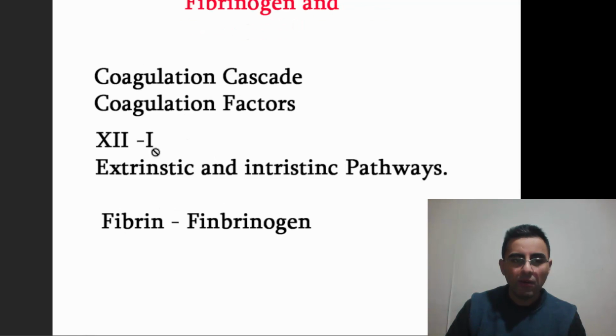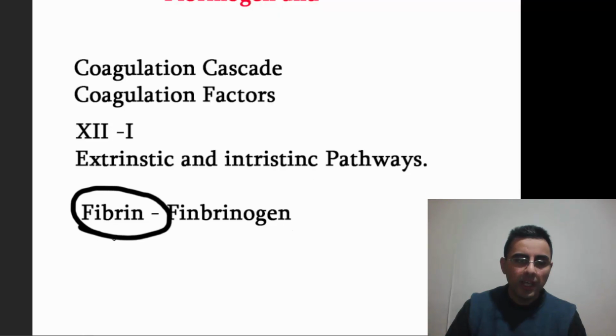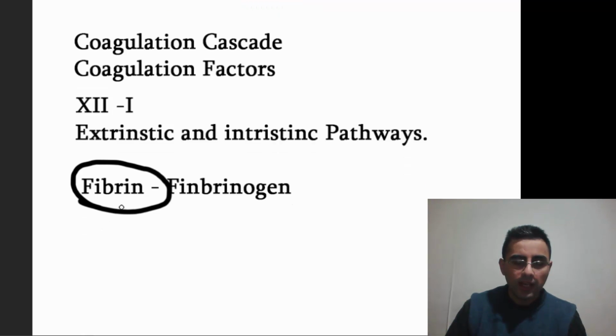This coagulation cascade consists of many steps, and there are many coagulation factors, which are 12, and the main idea of this coagulation cascade is to get fibrin from fibrinogen. Fibrin acts like glue. It sticks these platelets together and strengthens the plug.